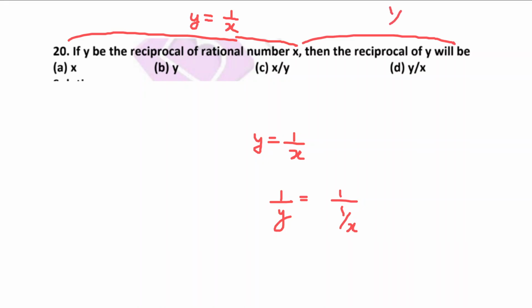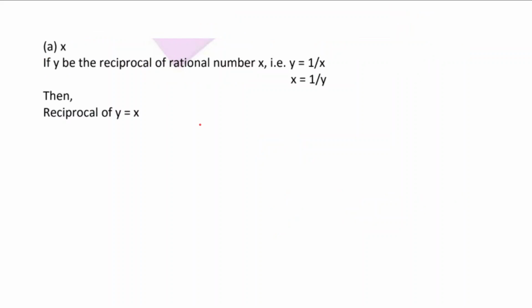Reciprocal of y means what is 1 by y? They are asking. So y is equal to 1 by x. 1 by y will be 1 by 1 by x. Now this x will go up. So this means x by 1, which is equal to x. So x is the answer. Now look into the solution, correct it.